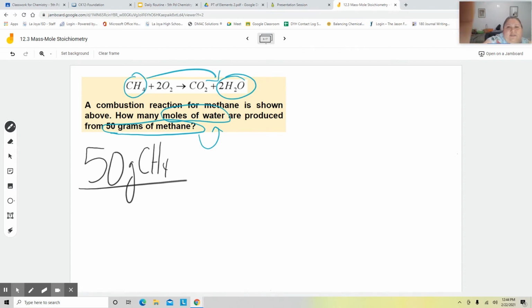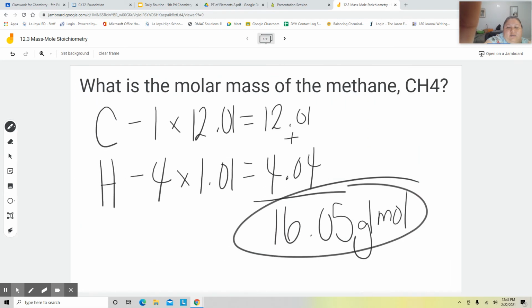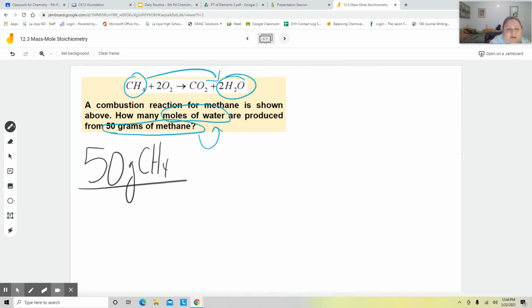I believe Jeremiah said that it was 16.05 grams per mole. That's the molar mass. That's what I need for this problem. So I'm going to put 16.05 grams per mole.